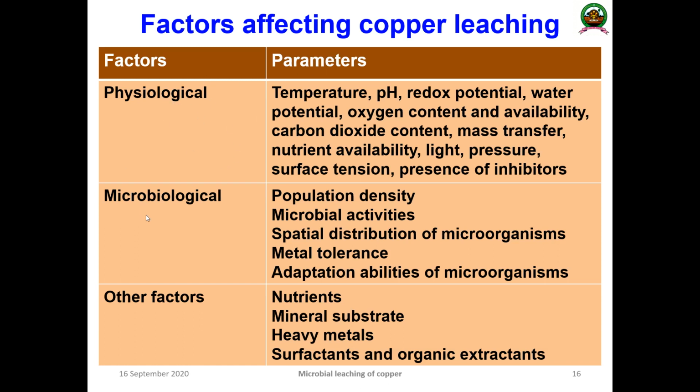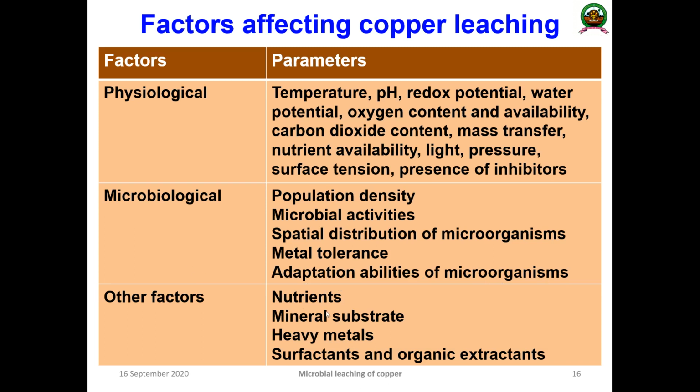The physiological factors are temperature, pH, redox potential, water potential, oxygen content and availability, carbon dioxide content, mass transfer, nutrient availability, light, pressure, surface tension, presence of inhibitors, etc. The microbiological parameters are microbial density, population density, activity of the microorganism, spatial distribution of the microorganism, metal tolerance and adaptation ability of the microorganism.